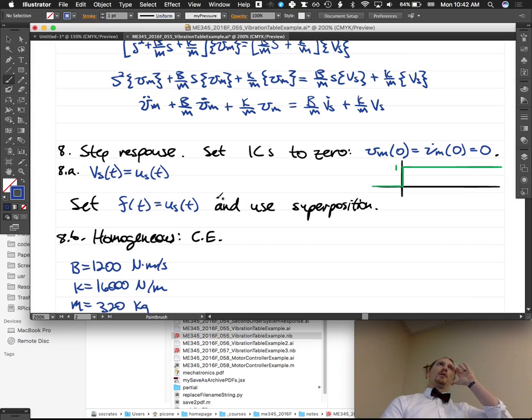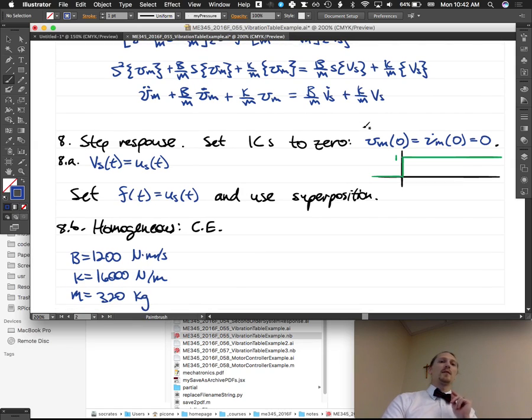We have the idea that we're going to use the unit step response once we know it to construct the response with this forcing function. We'll get to that in a little bit. But for now, we need to come up with the step response with the right-hand side set to the unit step.